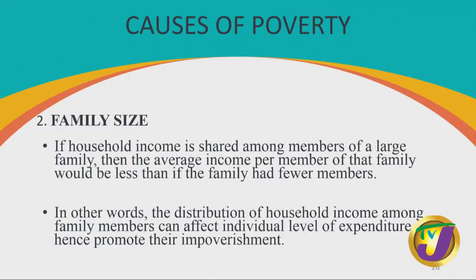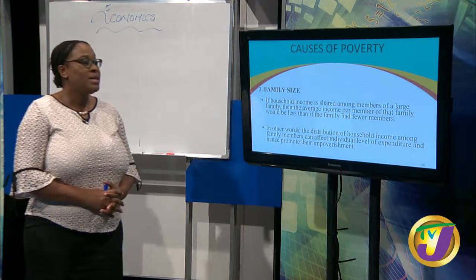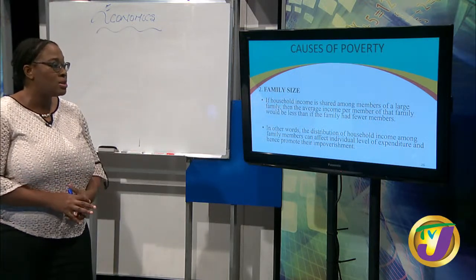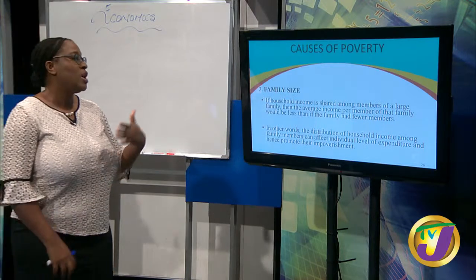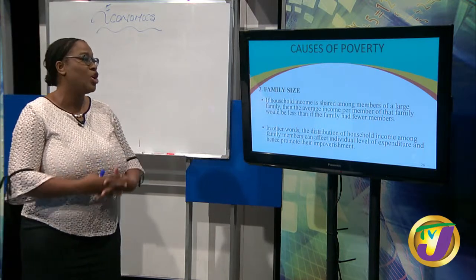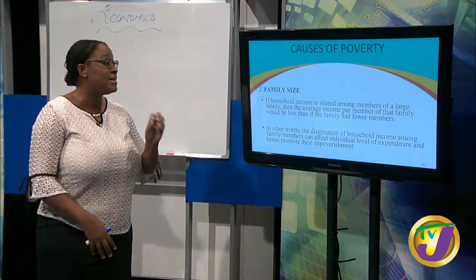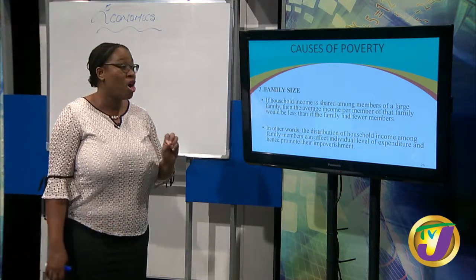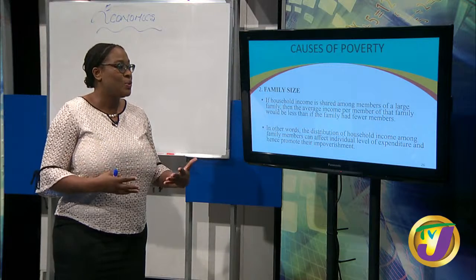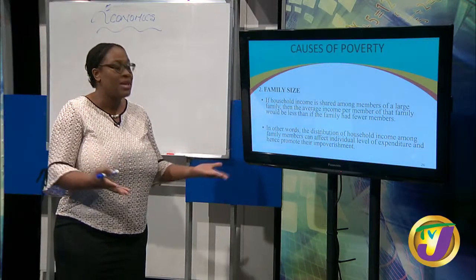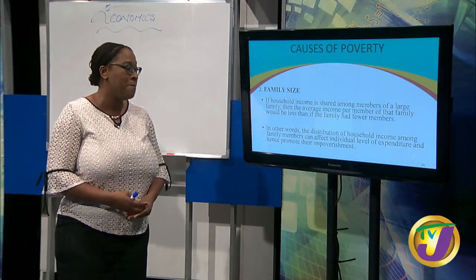The second cause of poverty is family size. I know this one may be a little bit tricky, but in this instance, cheaper by the dozen doesn't really work out. So if the household income has to be shared among members of a large family, what you find is that the average income per person is less than if they had fewer family members.